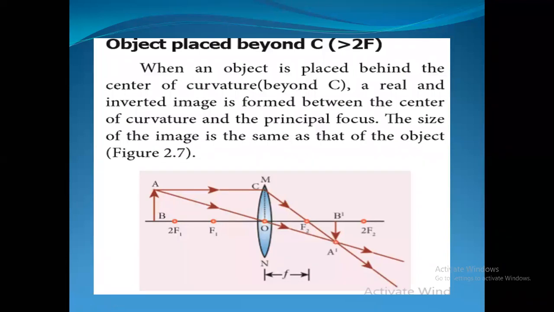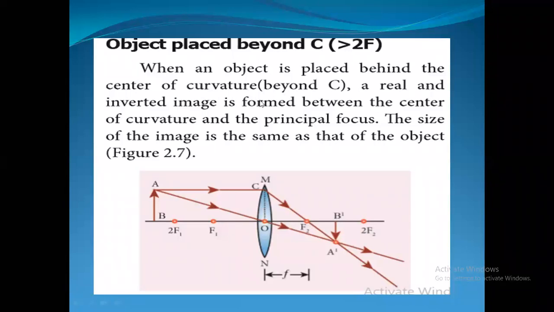The image is formed between the center of curvature and the principal focus. When the two rays converge at that place, the image will be formed. What is the place, ma'am? Sir, in between C and F. C and F, okay.